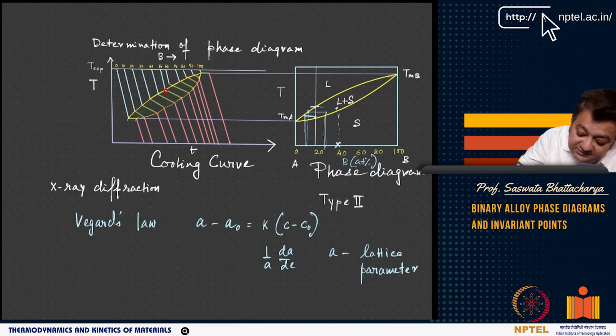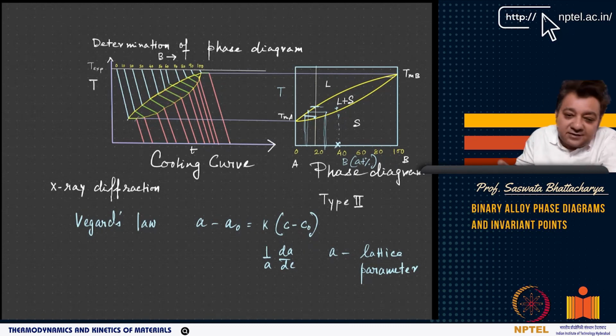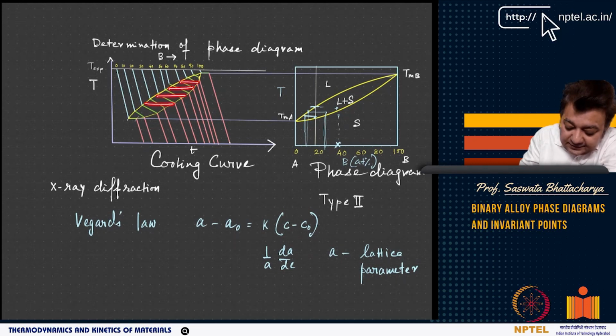You can assume liquid and solid to be ideal solutions, and you can also construct this phase diagram analytically. The idea remains almost the same: you look at a composition, and then you construct a tie line, and then do it analytically. You construct the tie line and then join the ends.